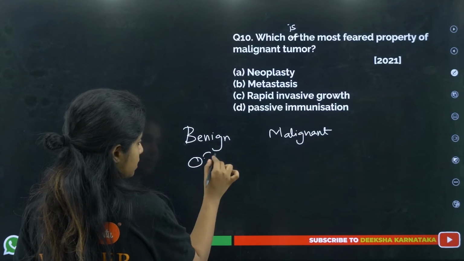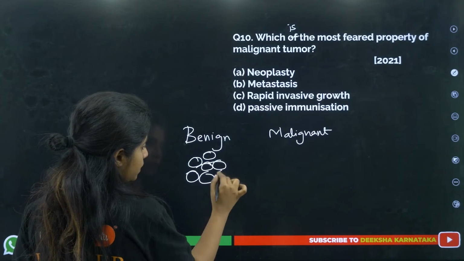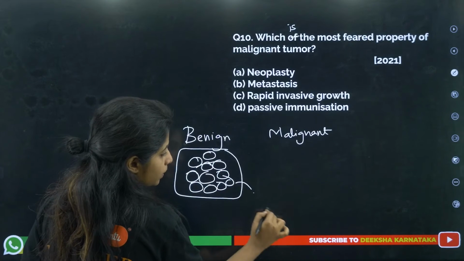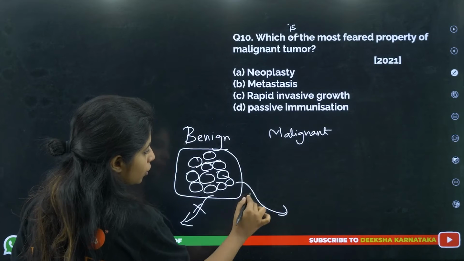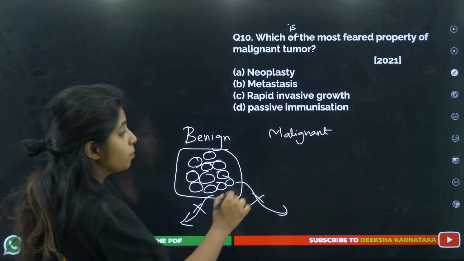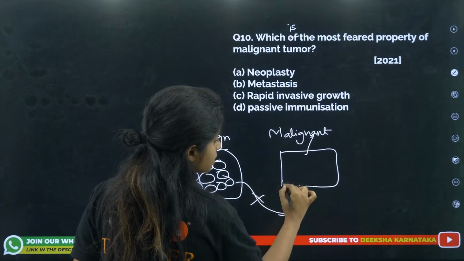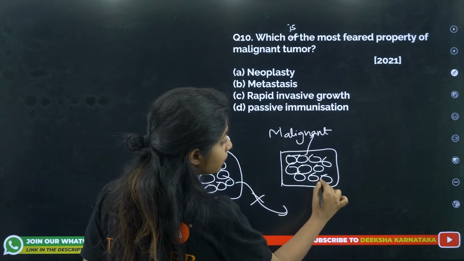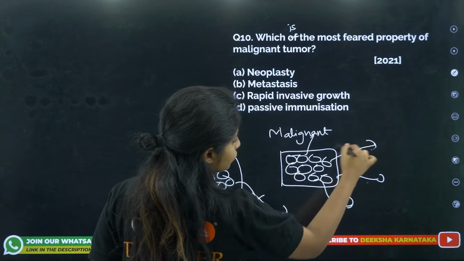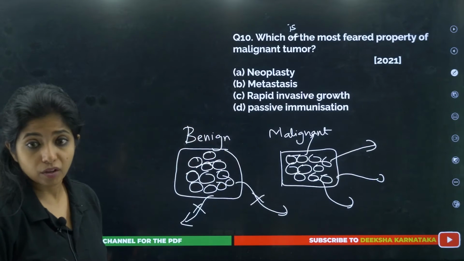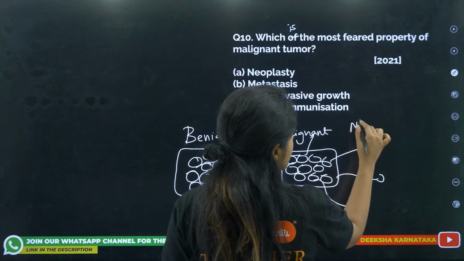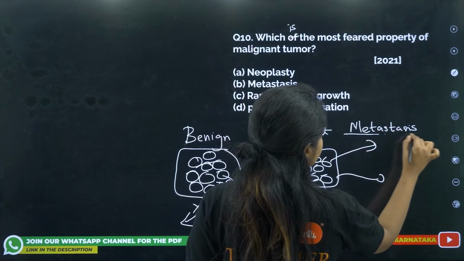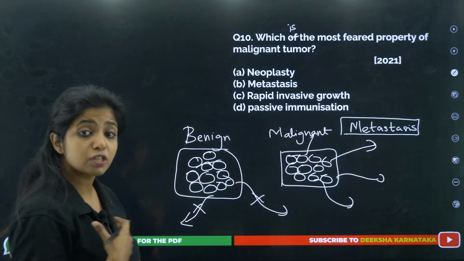Both have cells that have grown uncontrollably, but with benign, the cells do not move to other places. But when you talk about malignant, the cells which have divided uncontrollably will be moving down to other areas of the body. And this feature of the cancerous cell is known as metastasis, which is why we say the cancer has spread.